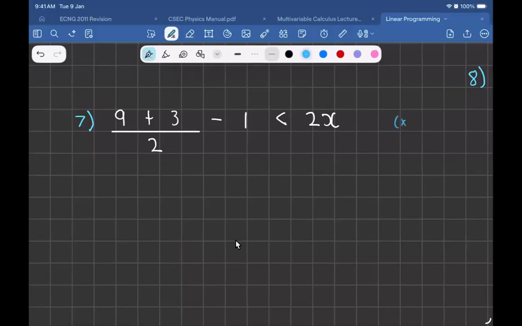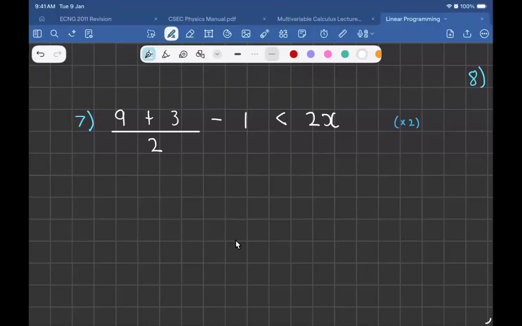Is it the full working, or can I leave out a couple of steps? I can leave out some steps.